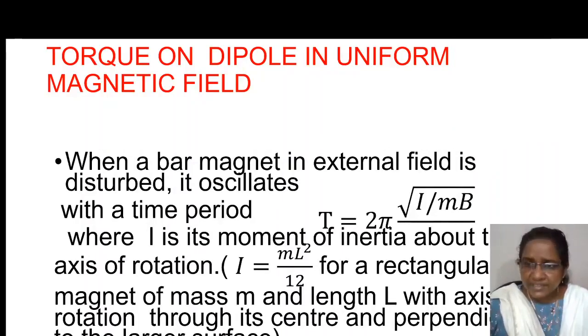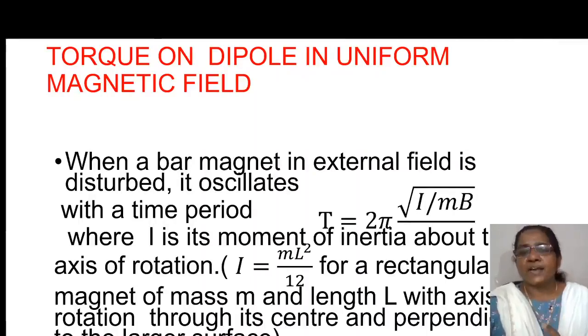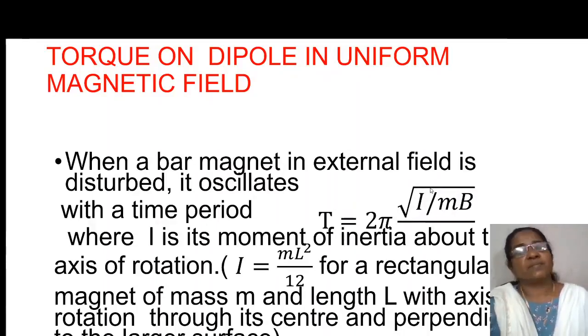Now, when this magnet is rotated in this magnetic field and disturbed, it will undergo oscillation. The time period of oscillation is given by T is equal to 2 pi into square root of I divided by mB, where I is the moment of inertia of the magnet about the axis of rotation, and I is equal to m l square divided by 12 for a rectangular rod rotating about its axis of rotation, passing through the center and perpendicular to the larger surface.